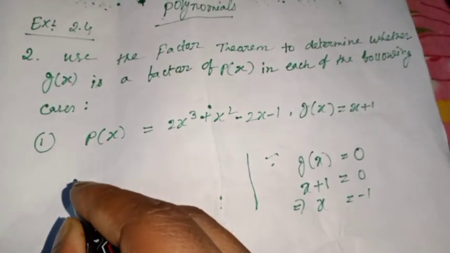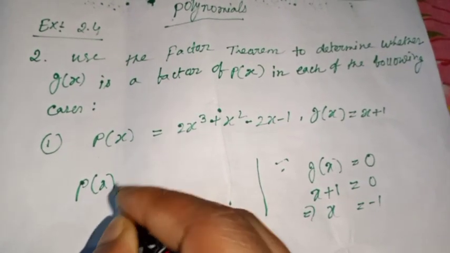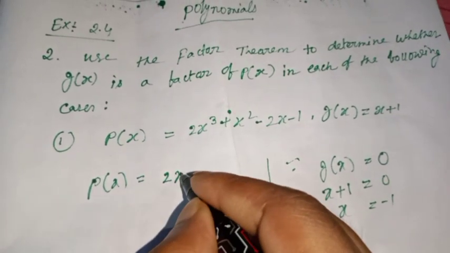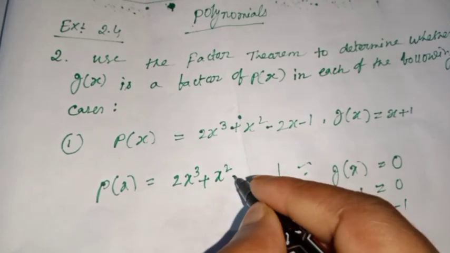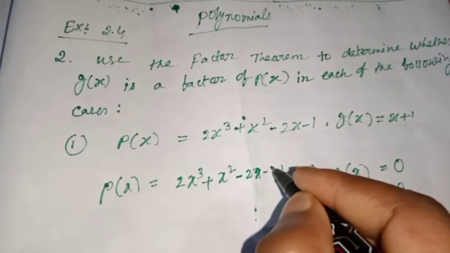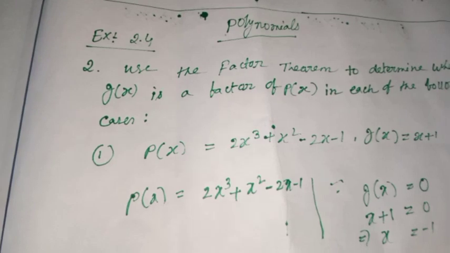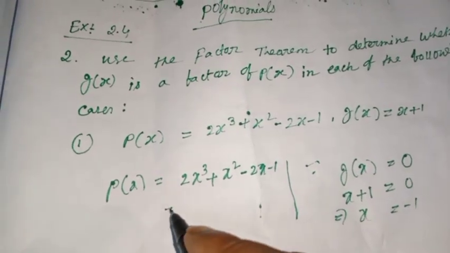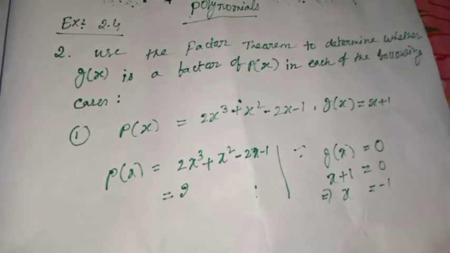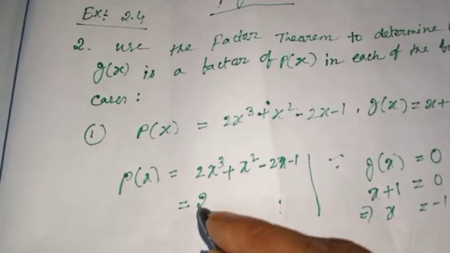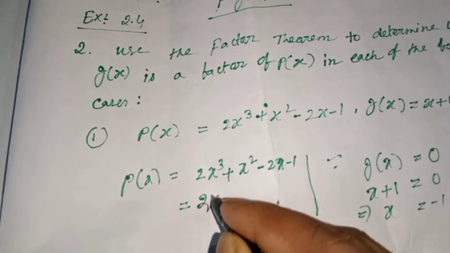First of all you write p(x) is equal to 2x cube plus x square minus 2x minus 1. Then what is the value of x?